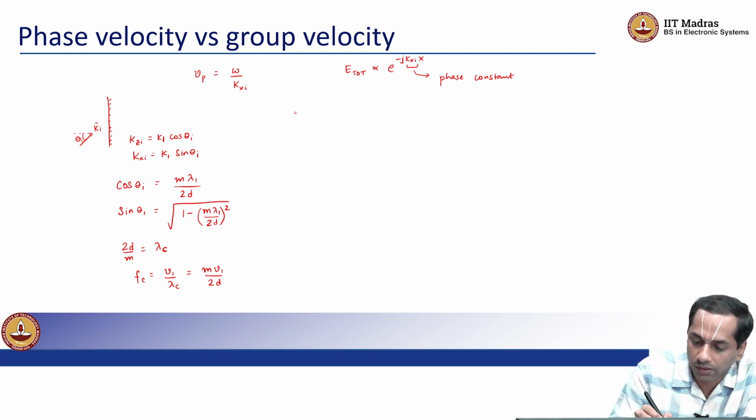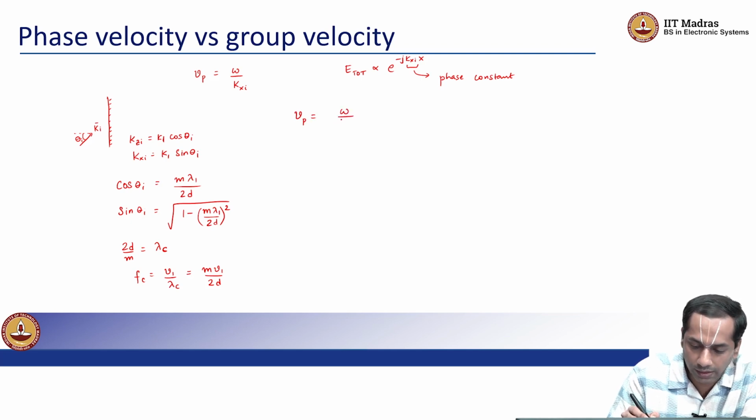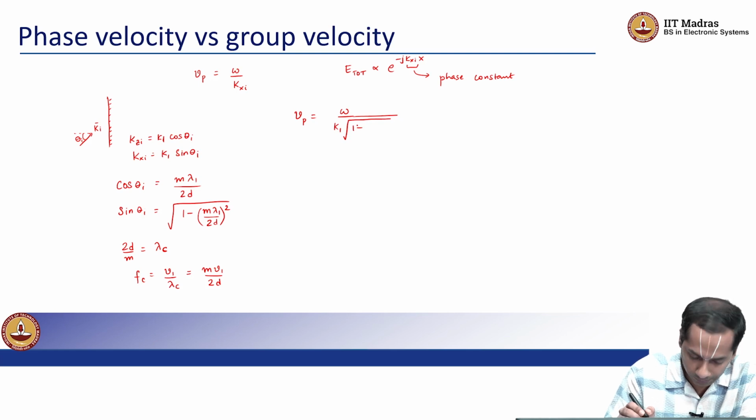So what does Vp become? Our phase velocity is essentially omega over kxi, which is k1 sine theta, which is the square root of 1 minus m lambda 1 by 2d whole square. But 2d by m is lambda c, so I'm going to write this as lambda 1 by lambda c whole square.